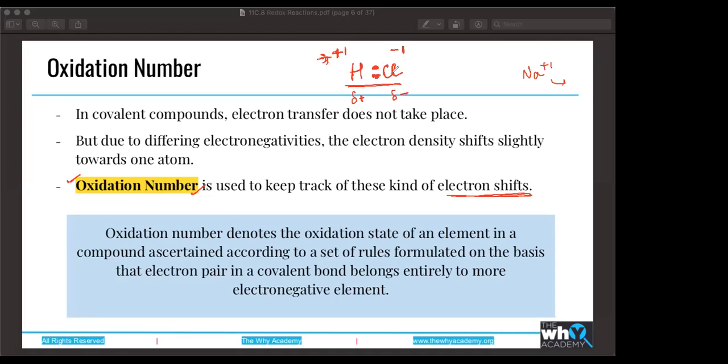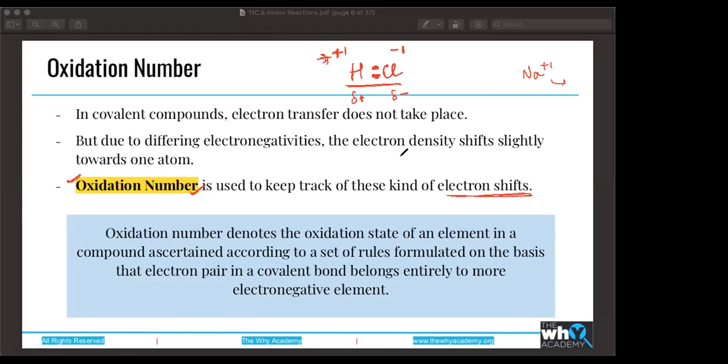So, important things to remember about oxidation number: one, they are hypothetical numbers. Okay, so they are not representing anything actual physical taking place over there. They are hypothetical numbers that we have assigned to the elements.